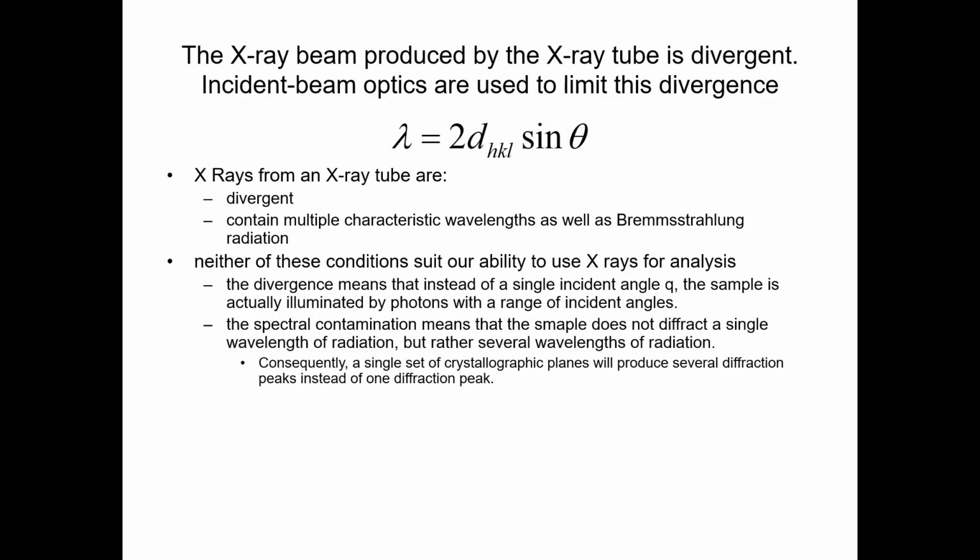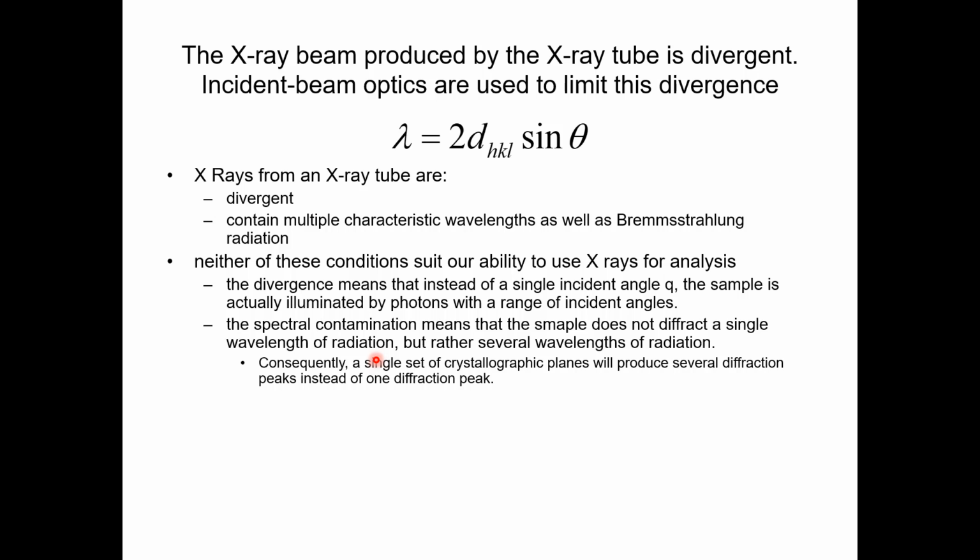Neither of these conditions suits our ability to use X-rays for analysis, because divergence means that instead of a single incidence angle theta, the sample is illuminated by photons with a range of incidence angles. As a result we have spectral contamination, which means the sample does not diffract a single wavelength of radiation.